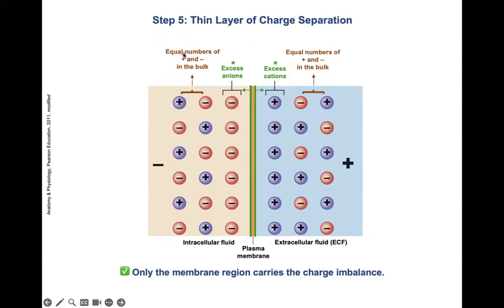The potential arises from a very thin layer of ions lining the inner and outer surfaces of the plasma membrane. The lipid bilayer acts as a capacitor, storing opposite charges across its thickness. This microscopic separation of charge is what we measure as the resting membrane potential.